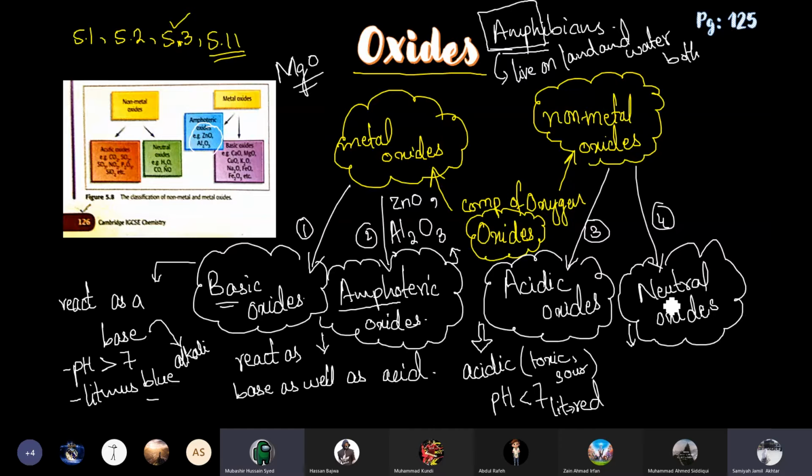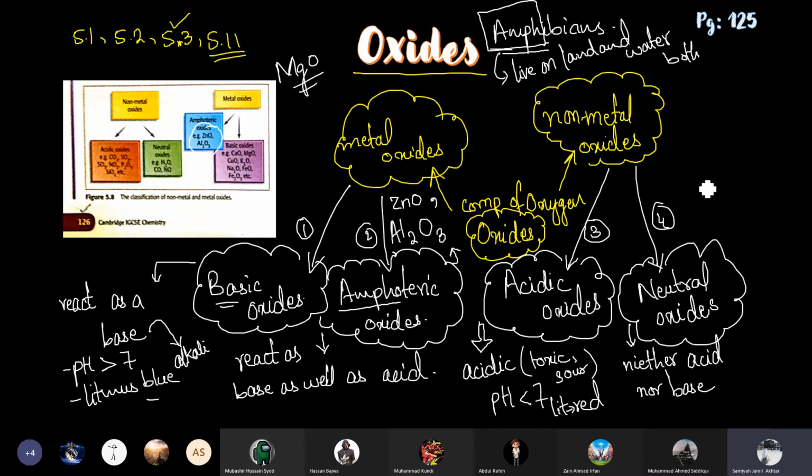From the word neutral, it means these are the oxides which neither behave like acids nor as bases. So they are like introverts, they don't disturb anyone. They neither react like acid nor like a base, so they are completely neutral.